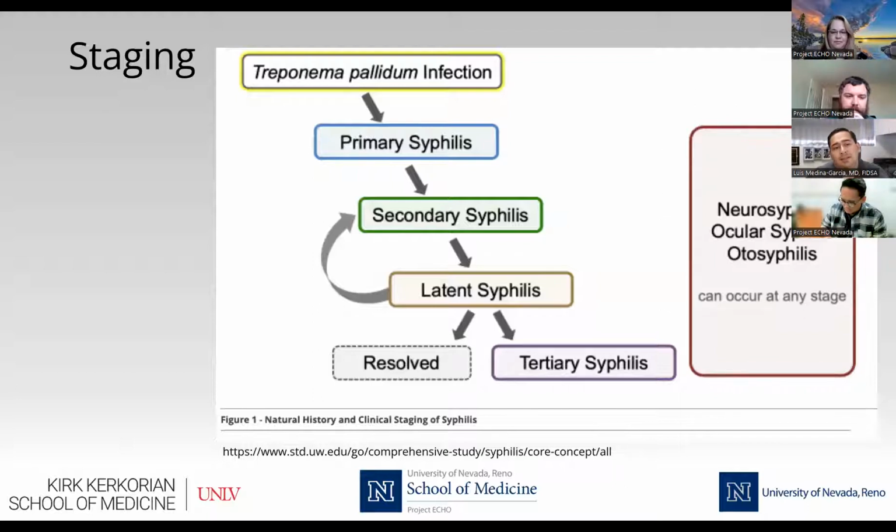So how to stage the disease in a way that is simple and useful. I found this graphic on the internet, and I used it because I thought it was really representative in a simple fashion of how to do it. So you have infection with Treponema pallidum, and that causes primary syphilis, namely the syphilitic chancre, be it in the genitals or the mouth.